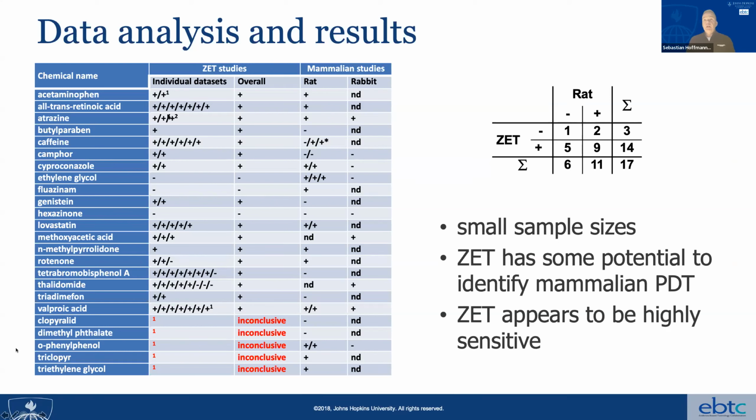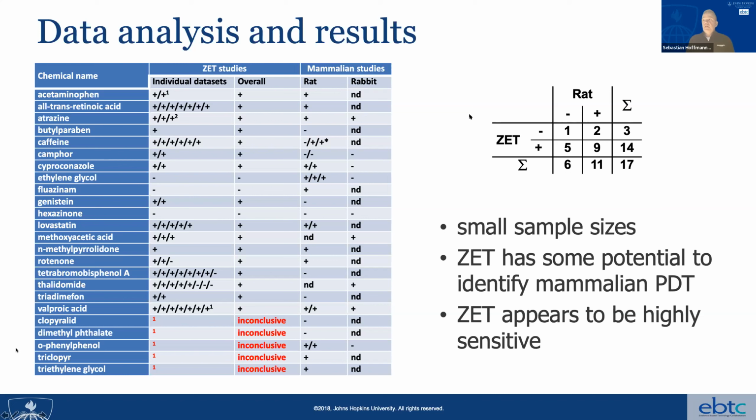So this required us also to summarize the data across those studies, which was relatively simple for all-trans retinoic acid. That gave an overall plus, but it was a bit more difficult for other ones. And on the right-hand side of this table, you see the corresponding mammalian study results for rats and for rabbits.